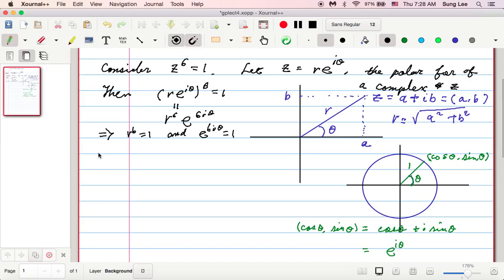So r to the 6 equals 1, r is a real number, of course, so we have only one real solution: r equals 1.